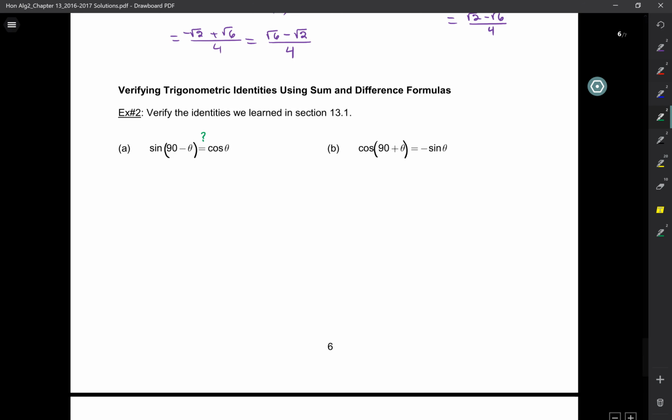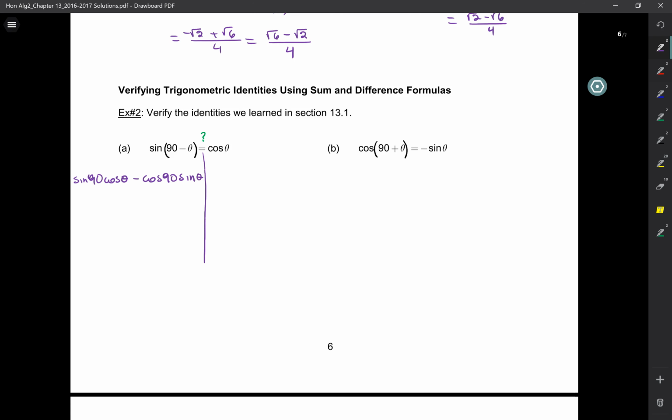I'm just going to work on the left side of this equation. What I have here is sine of alpha minus beta. So let's put it in the formula. It'll be sine cosine minus cosine sine. Is that right? Sine, cosine, cosine, sine. Yes?